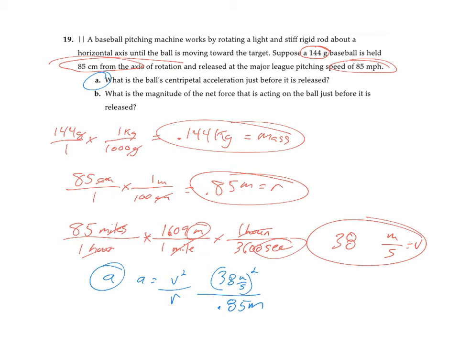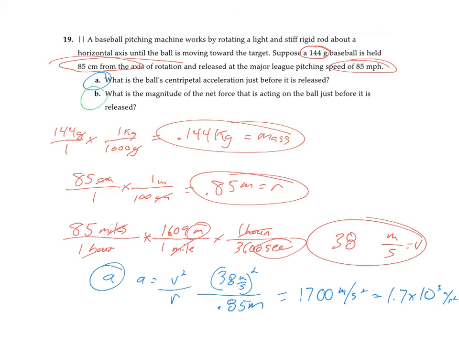I'm going to square it, then divide it by that 0.85. And I should get an acceleration of about 1,700, yes? Meters per second squared. It could also be 1.7 times 10 to the third meters per second squared.